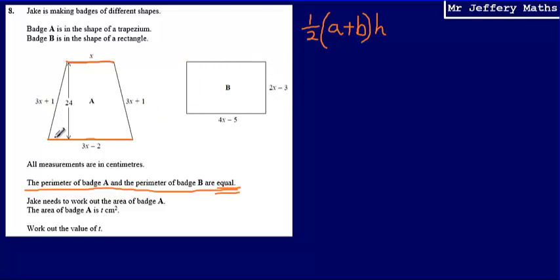So let's start off by writing out what the perimeter would be of this trapezium. The perimeter of the trapezium would be worked out by adding all of the sides together.